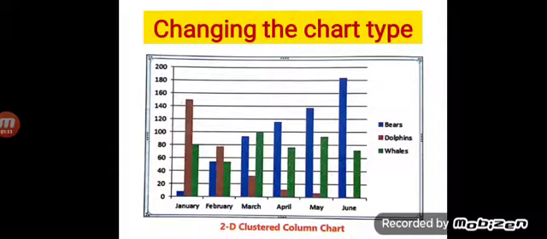First of all, you will select the range of the data which you have typed in Excel. After that, go to the insert tab and select the clustered column option. As soon as you click on that, the column chart will appear.